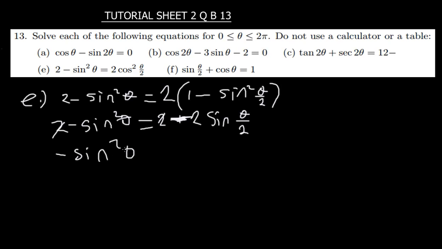squared theta, and then equals negative 2, then this one, remember the double angle formula for sine 2 theta is equal to 2 sine theta.